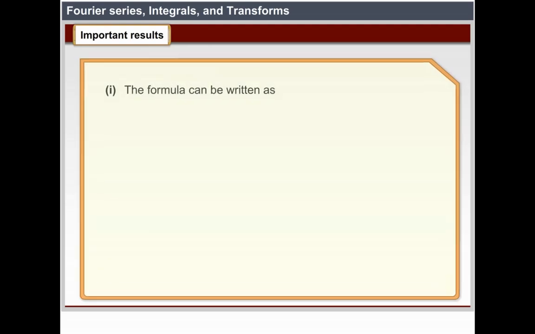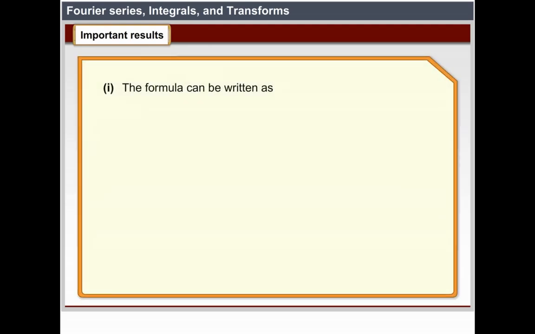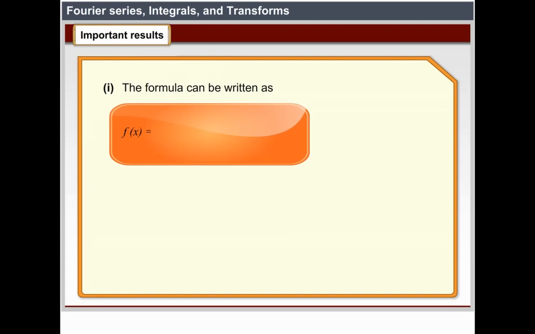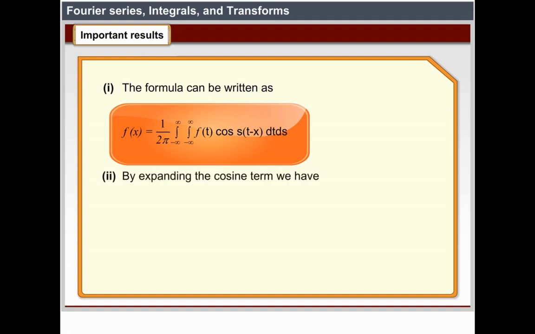Important results. The formula can be written as f(x) equal to 1 by 2 pi integral minus infinity to plus infinity, again integral minus infinity to plus infinity, f(t) cos s(t minus x) dt ds. Subdivision 2.